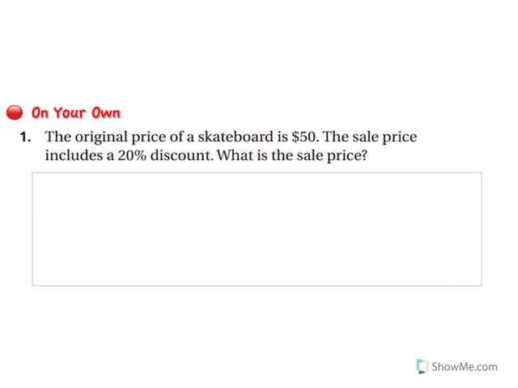Okay, so what we're going to do here is take the $50, and I like doing the easy one-step way. If I know the sale price includes a 20% discount, that means I'm going to multiply by 100 minus 20, which gets me 80, right?